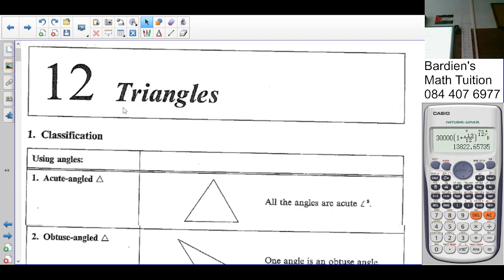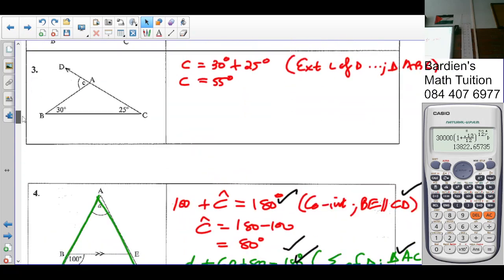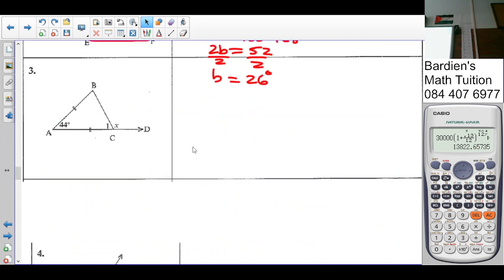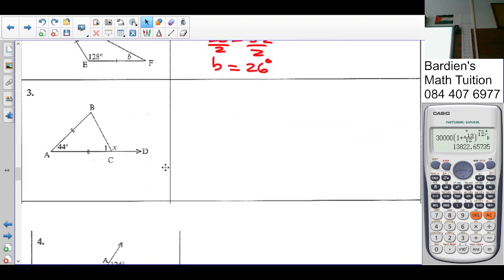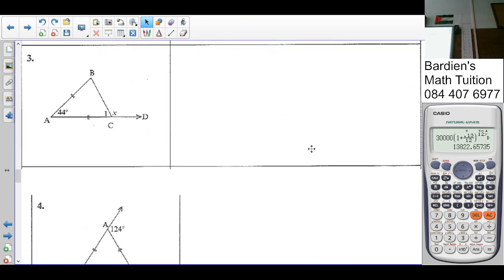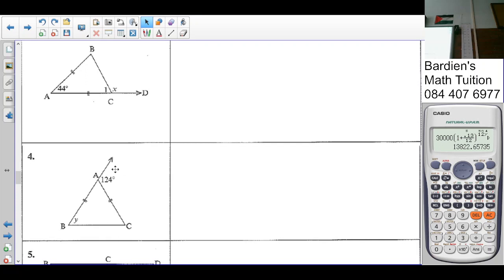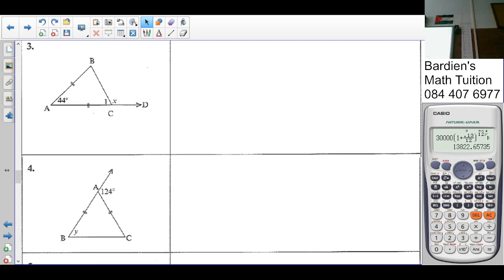You have drawn these examples already. So I'm going to pause the video at this point, and I want you to answer number 3. I'm going to give you a couple of minutes to do number 3 and number 4, and then we're going to do it on the board. Alright? Right, here we go.